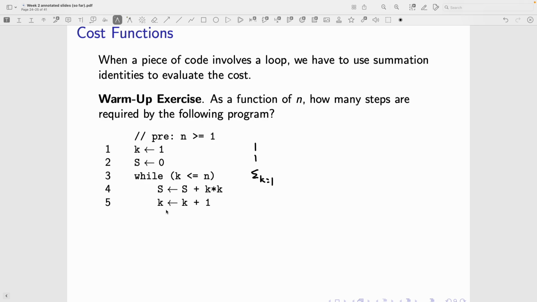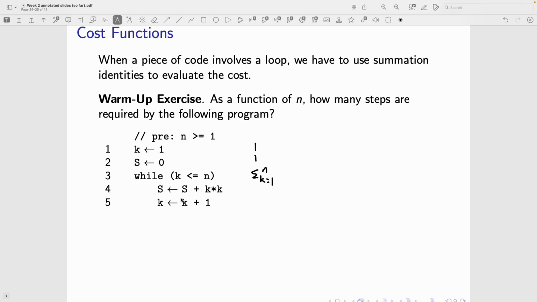Thankfully, it increments each loop iteration. So in a more complicated loop, you might have to do some more fiddling around with the code before it can be expressed as a summation, but luckily it starts at 1 and counts up by 1 and goes to n. Would it be n plus 1 if it's while less than or equal to?